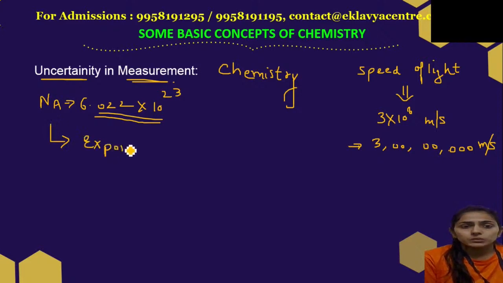In scientific notation, we use exponential so that we can save our time, as well as it becomes easier for us to read and write such values.